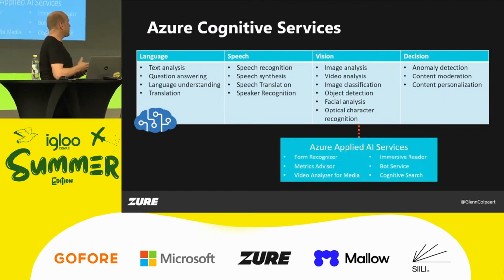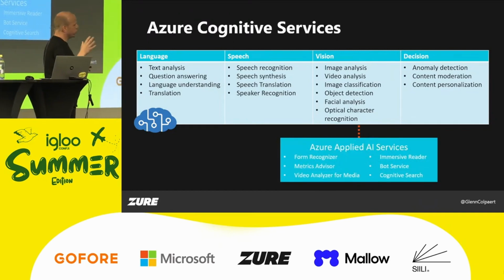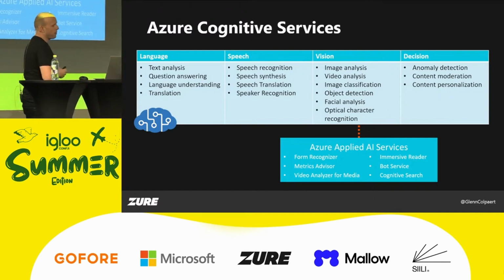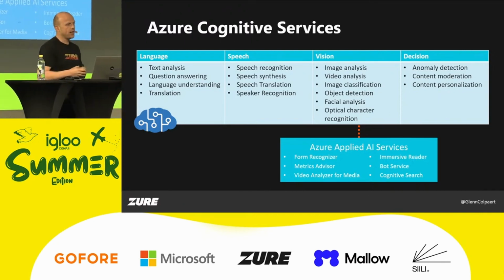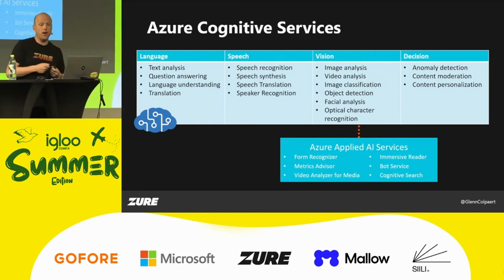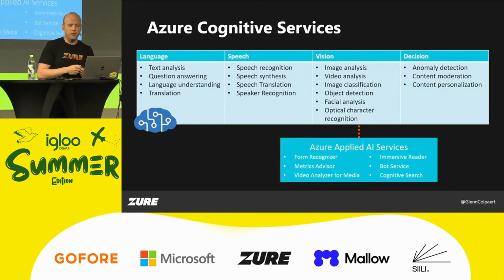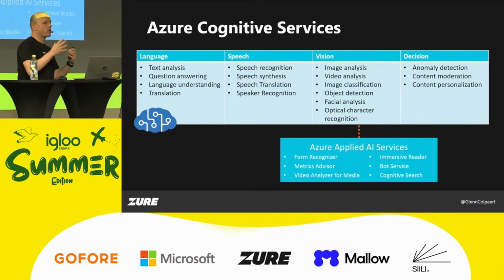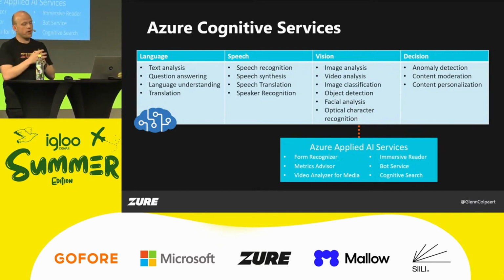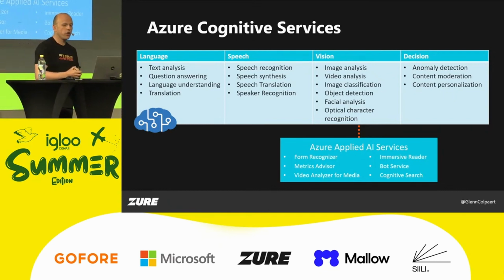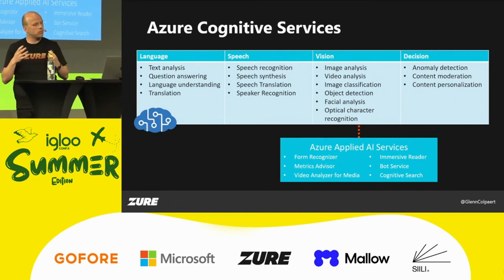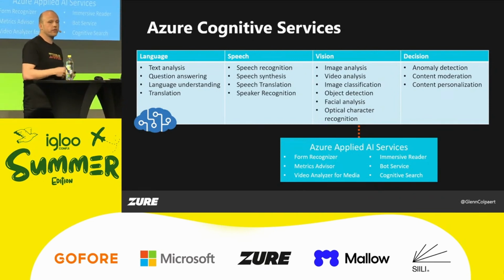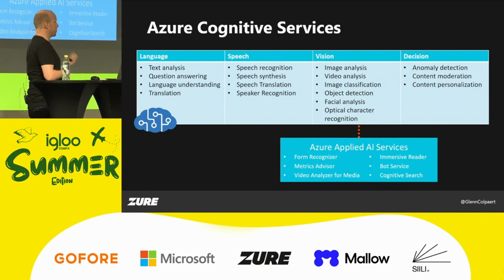So what has Microsoft done? They took those sets of APIs and created a thing called Azure Applied AI Services. And Azure Applied AI Services, this is a mouthful, groups some APIs and allows you to do stuff like Form Recognizer, Bot Services, and cognitive search is one of them.